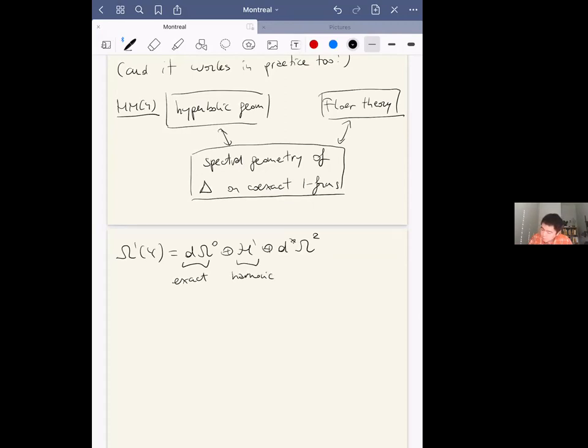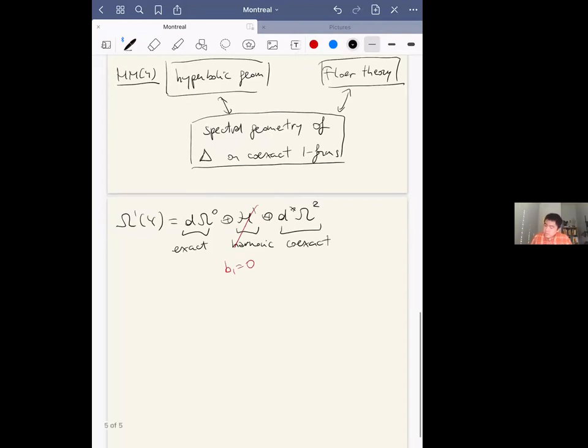In our case, the harmonic part will be 0 because we're assuming b_1 equals 0. And the Hodge Laplacian acts on one forms and preserves this decomposition. So if you make it act on coexact forms, then it has spectrum lambda_1^*, lambda_2^*, and so on. This is the spectrum.